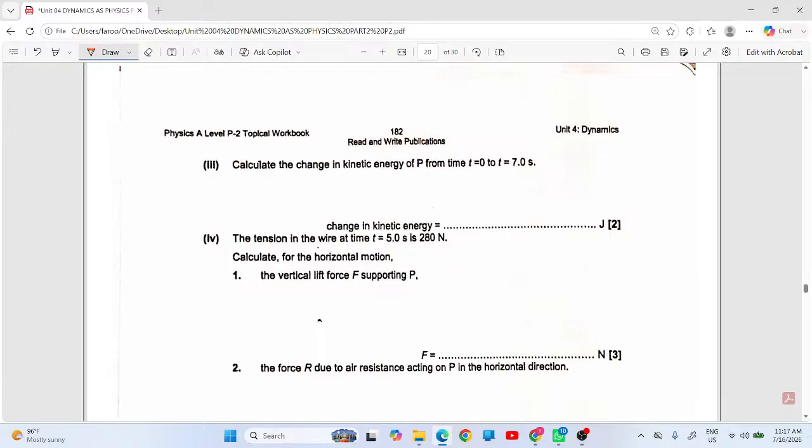So the change in kinetic energy is kinetic energy at 7 seconds minus kinetic energy at 0. That equals 1/2 multiplied by 95 multiplied by the velocity at 7 seconds, which is 8.8 squared, minus 1/2 multiplied by 95 multiplied by the velocity at 0 seconds, which is 4.6 squared.